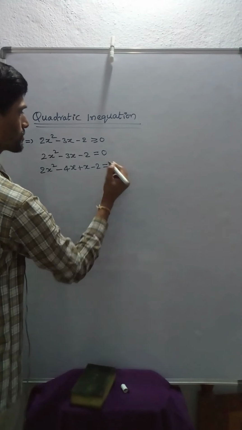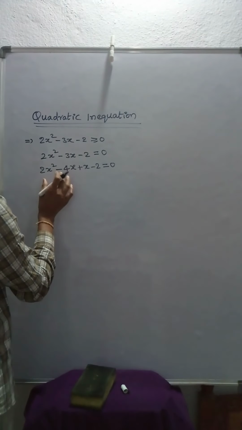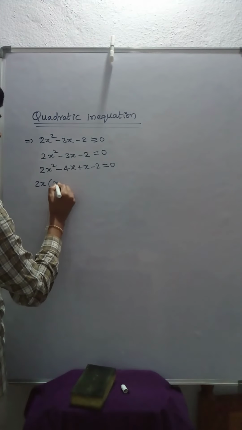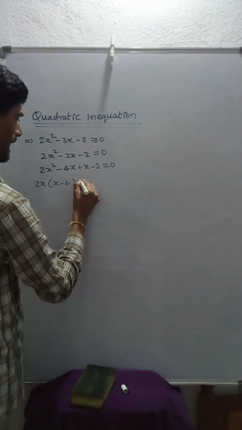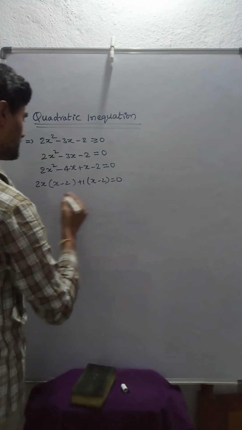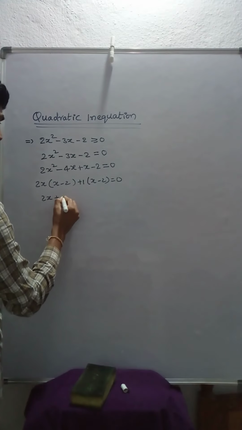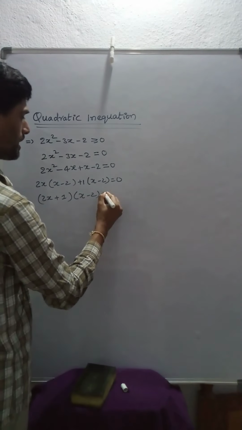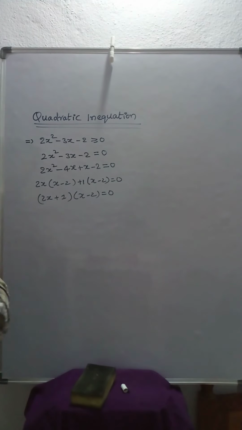Then the factorization: 2x square minus 4x plus x minus 2 equals 0. From the first two terms I take 2x as common, giving x minus 2, and from the rest 1 as common, x minus 2, equals 0. Therefore, 2x plus 1 multiplied by x minus 2 equals 0.